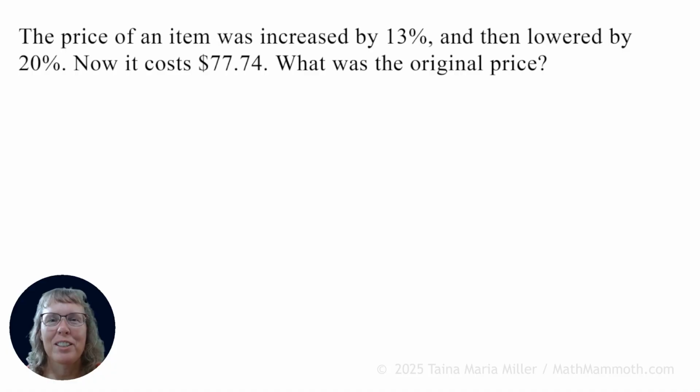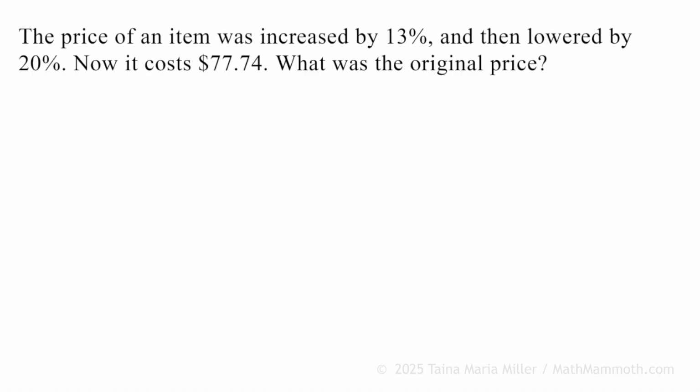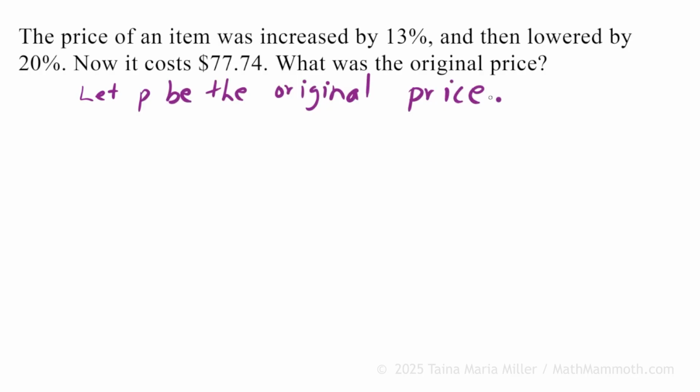Next one, try to solve this on your own first. The price of an item was increased by 13% and then lowered by 20%. Now it costs $77.74. What was the original price? Again, let's choose a variable for our unknown. Let P be the original price. Once again, I'm going to use decimals.